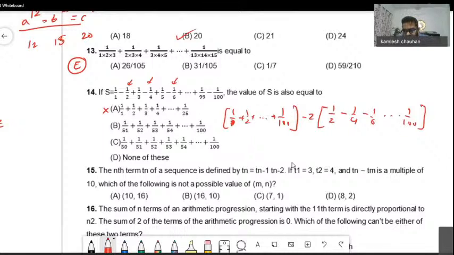Now if you see, these are nothing but if you multiply with 2 you'll get 1 by 1 से लेके 1 by 50 तक. तो हम लोग का आंसर हो जाएगा ऑप्शन.